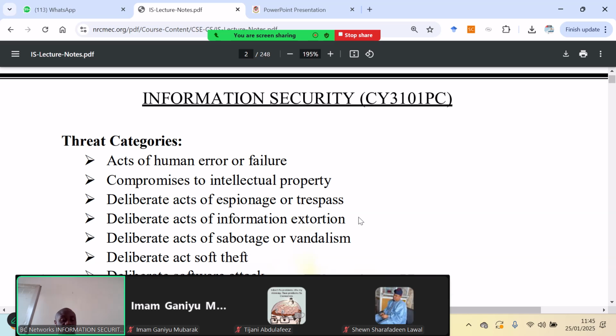And what does this actually result in? It also results in deliberate acts of information extortion. So realize how information security is being compromised, and the motive behind this is either to cause theft of intellectual property, or to distort the flow of information from one hand to another. And of course, it could be a deliberate act of sabotage or vandalism. We still refer to this as what? As an act of social engineering.